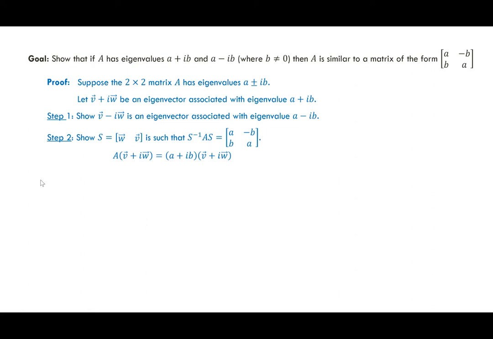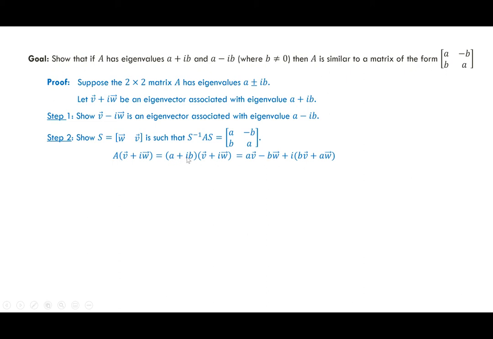So first, let's do some calculations. Since V plus iW is an eigenvector, A times V plus iW is just (a plus ib) times V plus iW. And then distributing, like foiling out, we've got aV, and then ib times iw is going to be i squared bW, so minus bW.